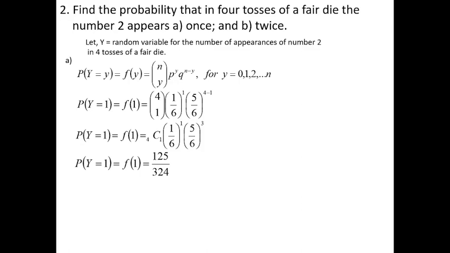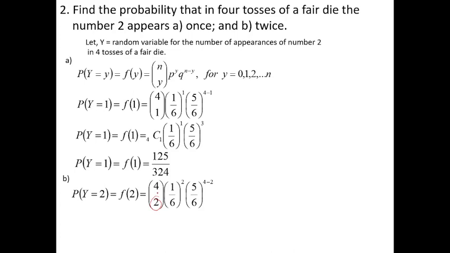Okay, letter B. The number 2 appears twice. Appears twice naman. So we have y is equals to 2. That is f of 2 now. Probability that the random variable y is equals to 2. Okay? So we have now 4C2. Kasi meron tayong random variable na value na 2.